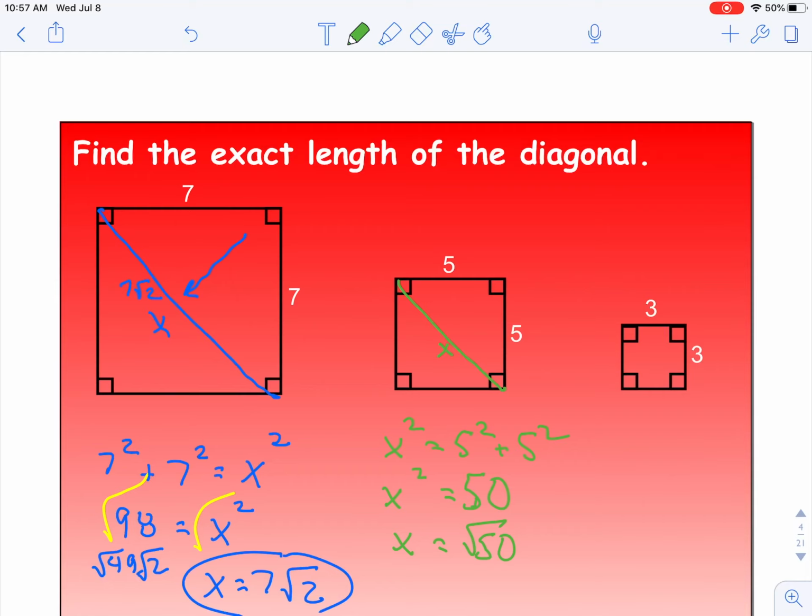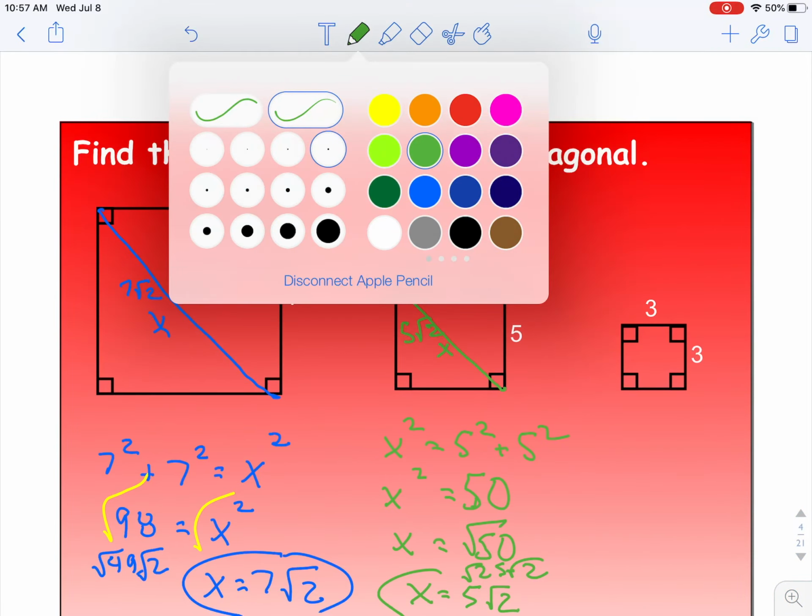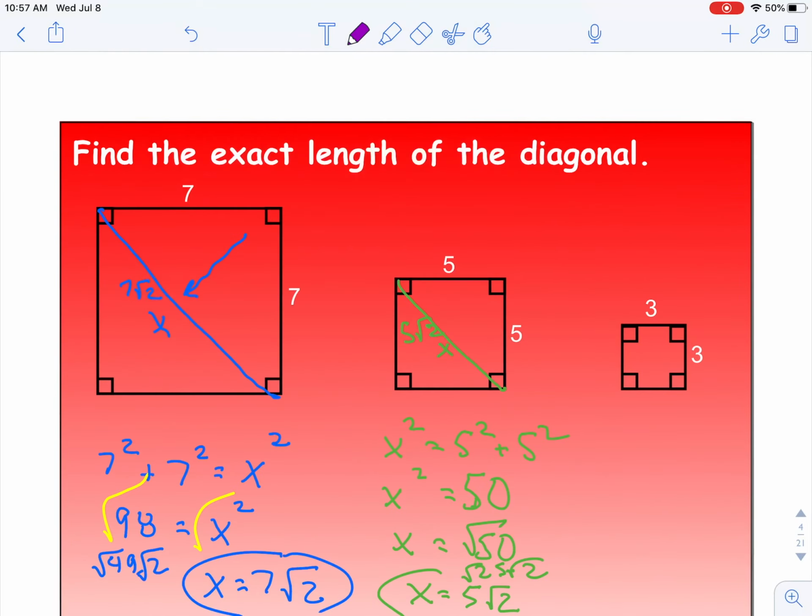So again, in simplest radical form, that is going to be 25 times 2. So x is equal to 5 root 2. Any guesses for this last square, 3 by 3? If you guess correctly, what you're going to get for this diagonal is 3 square root of 2.